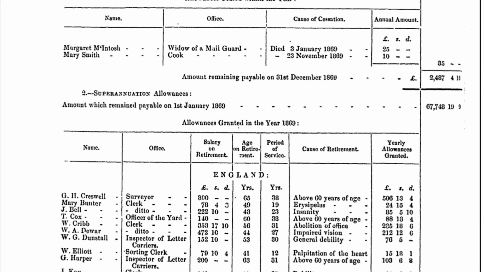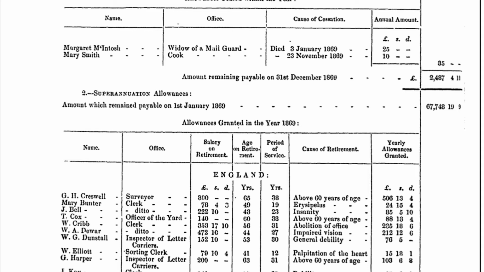And this is what a parliamentary paper looks like. This is the allowances granted in the year 1869, and it gives not just the name of the person, but also their office. It gives the salary on retirement, the age on retirement, and the period of service.